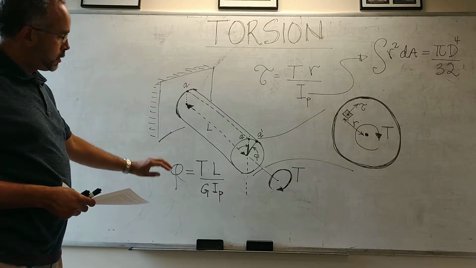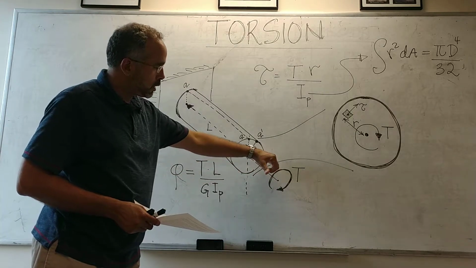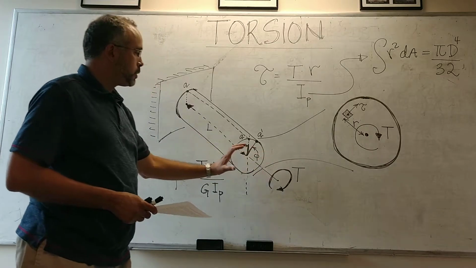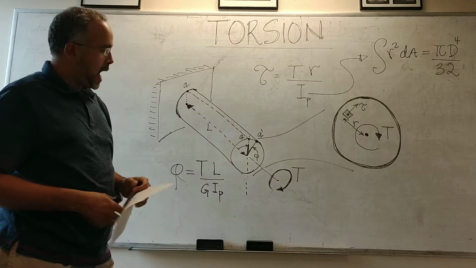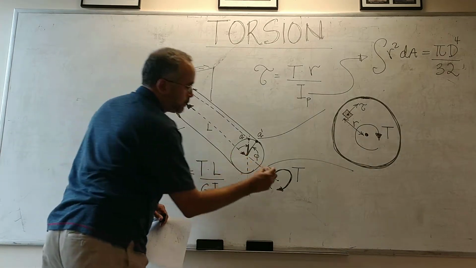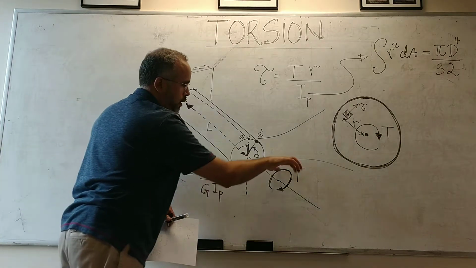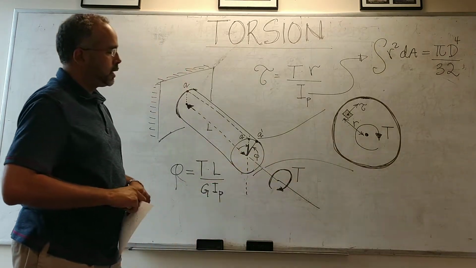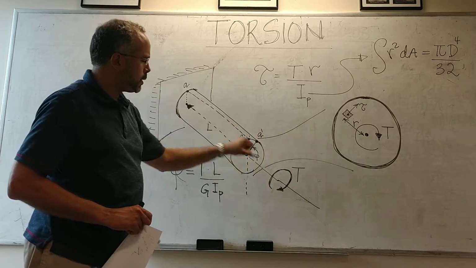The first one is that as you apply a torque, a torsional moment, which is basically a moment that is going around the axis of the member, right? Let's say on a member like this, you apply torsion. It's a moment that's rotating around the axis of the member.